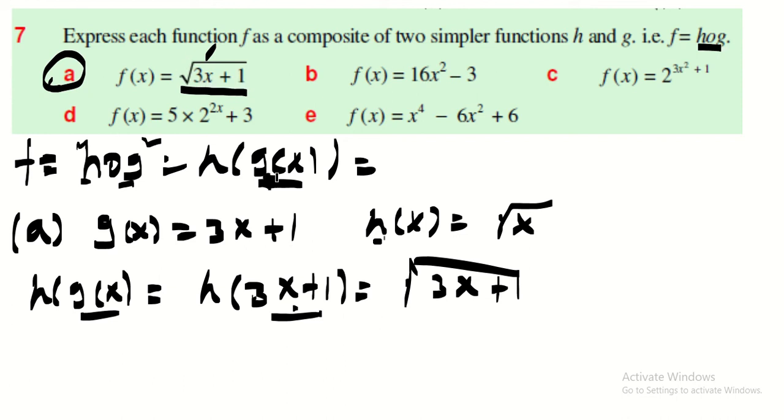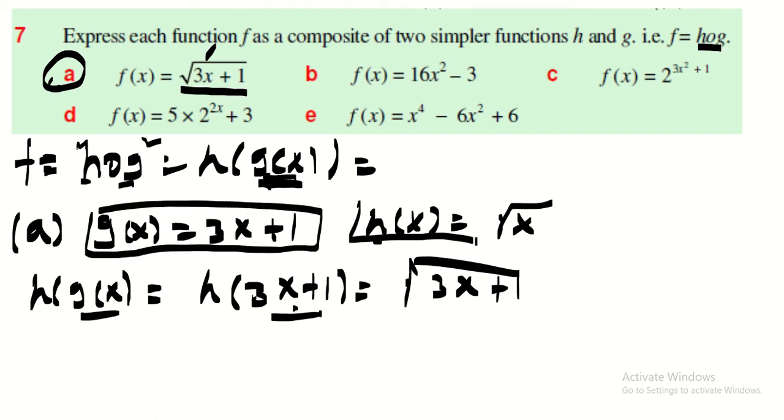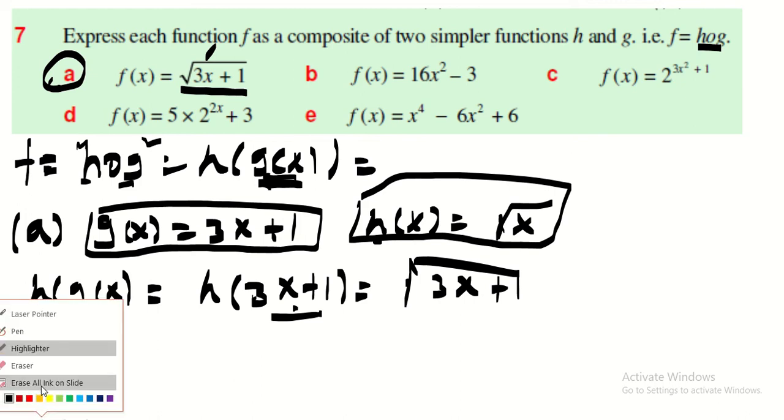So I take the linear one as g of x and the square root one as h of x. Square root of what? Square root of x. It doesn't do anything else, because the linear function is written inside the square root. So h of x will be square root of x only. If it was a square, I could make it square root of x squared, but it isn't, so I keep it as it is.